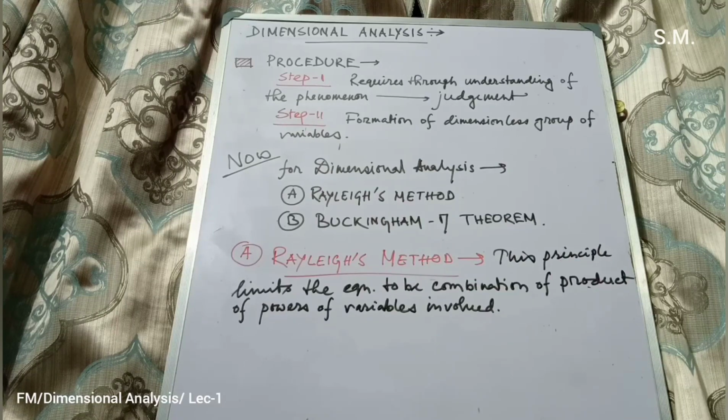This principle limits the equation to be a combination of products of powers of the variables involved. This is very important. Let's do a problem for understanding Rayleigh's method more easily.